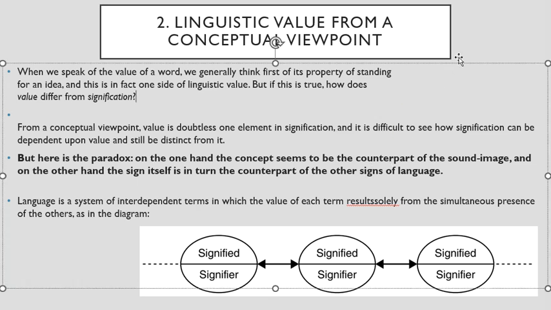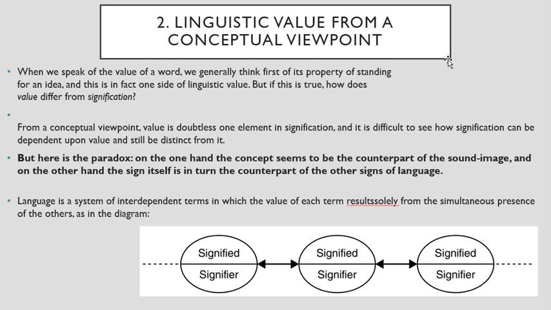So when we think of value, Saussure says something very important here. He's saying that we generally think of the property of standing for an idea. Okay, that's value. And this is one side of linguistic value. But if this is true, how is value different from signification? Then how is value different from the meaning of the word? We know that it's different from identity because identity is about placement in language.